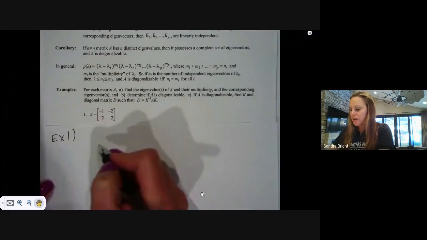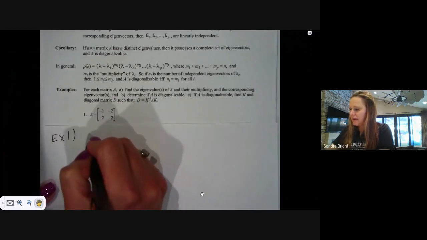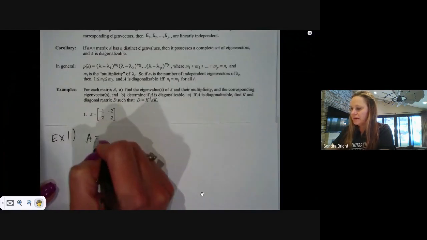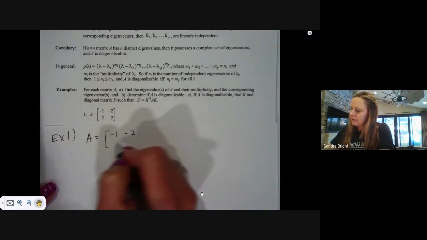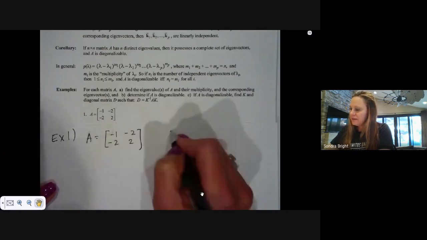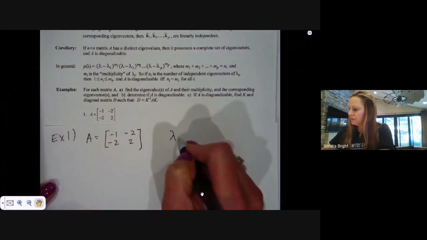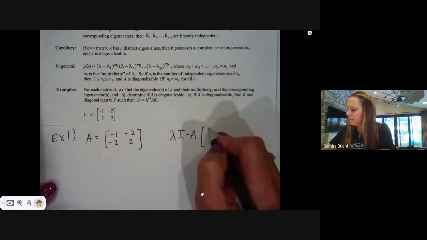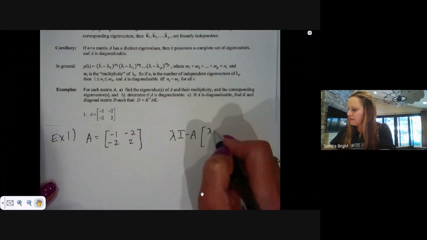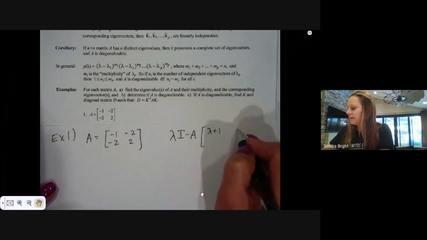Okay, so A is [-1, -2; -2, 2]. Remember, you'll do lambda times the identity matrix minus A, and that'll give you lambda minus -1, a +2, a +2, and then lambda minus 2.